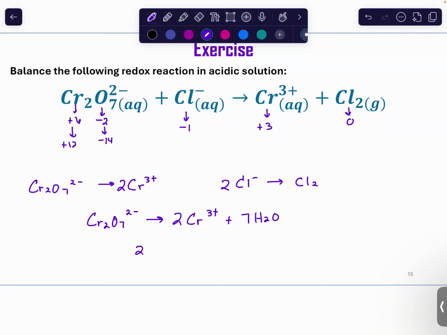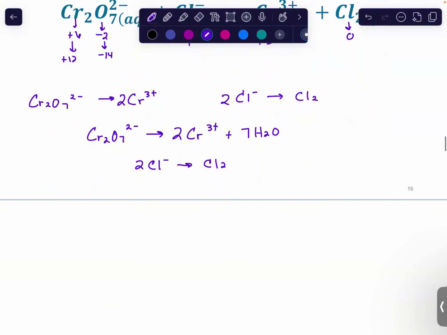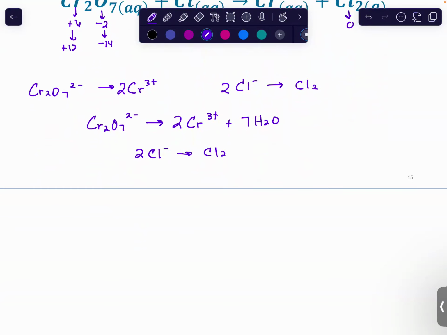And I do nothing at all to the chlorine equation. Now I'm going to balance hydrogens with protons. And I do nothing to the chlorine equation.